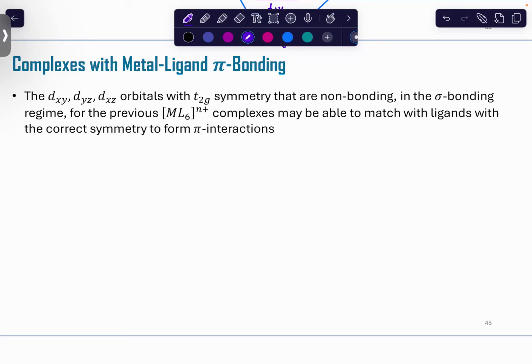Now the way this is going to look is, say, metal to ligand pi bonding. So we have a p orbital for one of our ligands, and this could be any one of those Ds.